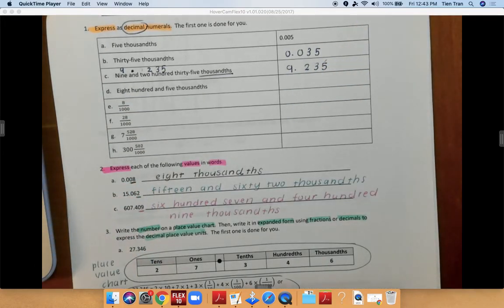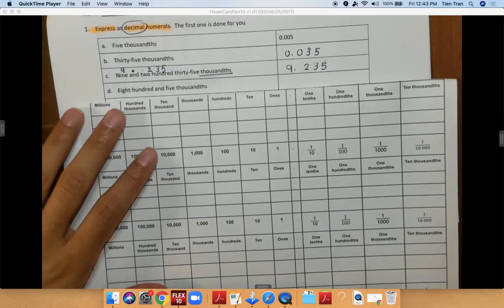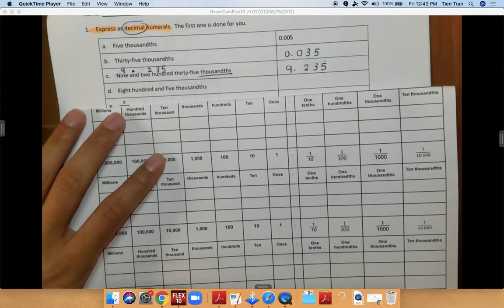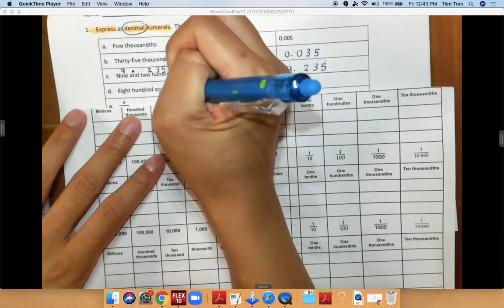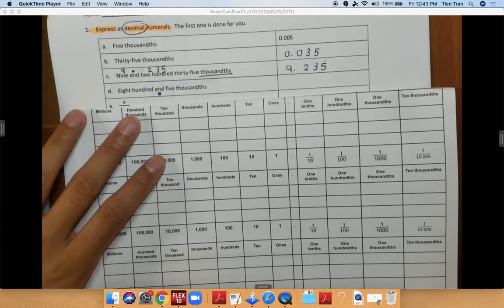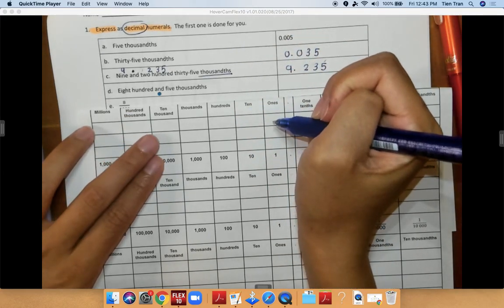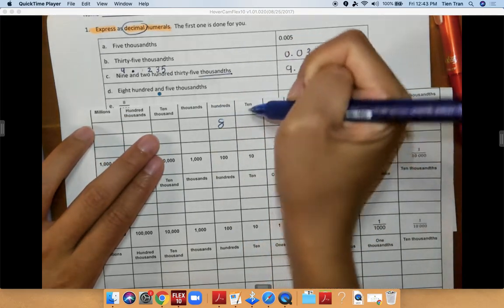Now the next problem I have says 805/1000ths. The word "and" always, I repeat, always means a decimal, okay? Whenever you see the word "and," that means a decimal. So I'm going to write that down. 800. So that means it goes in the hundredths place.